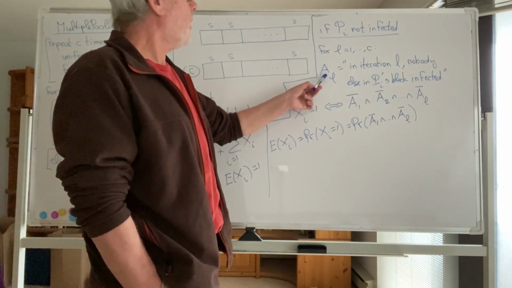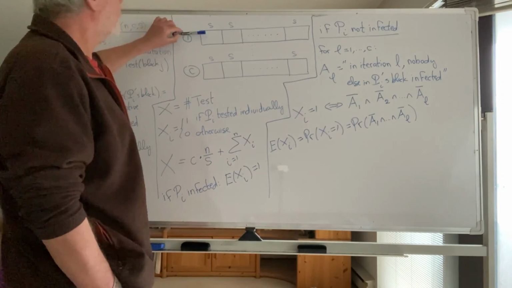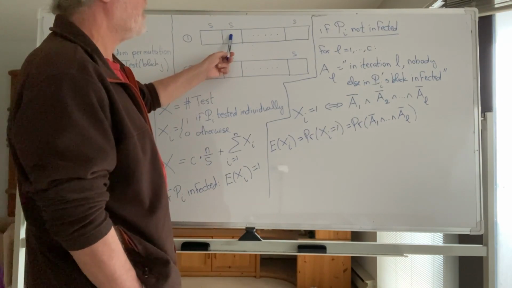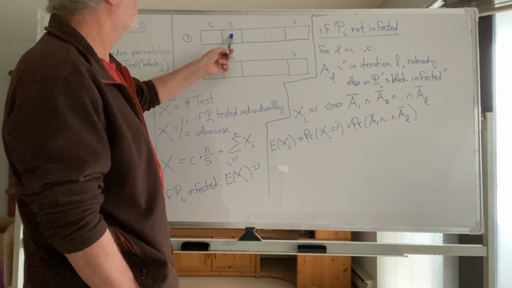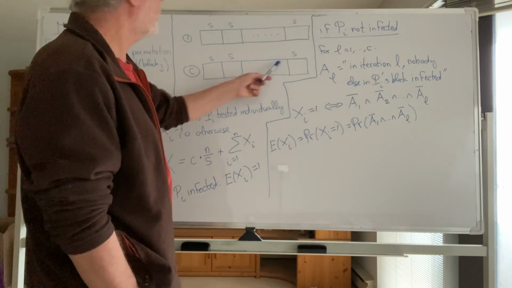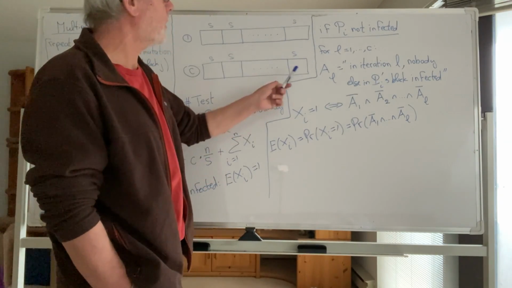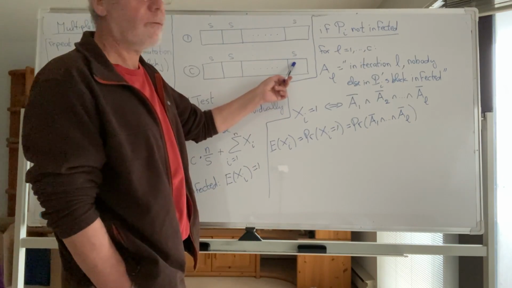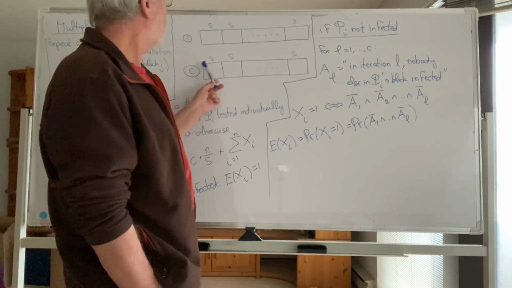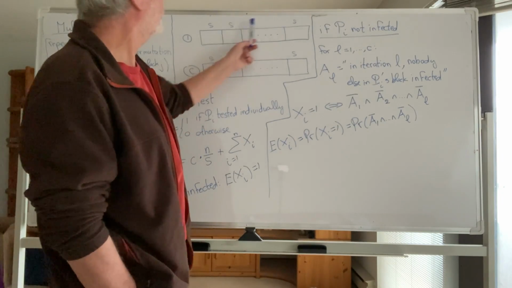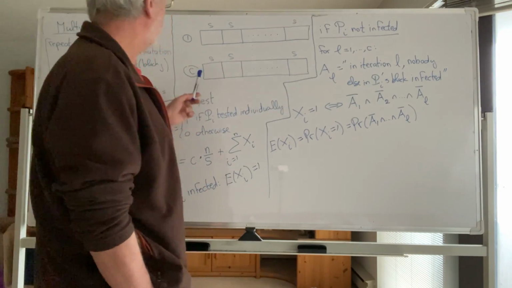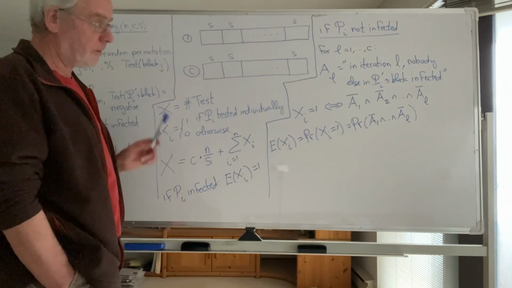Because if the event A1 holds, that means in iteration 1 you ask where is person Pi, maybe Pi is there. A1 says nobody else has been infected. And if we look at event A sub C, we look at the final permutation, we ask where is person i, maybe person i is there. Event A sub C says nobody else in this block has been infected. And since this permutation does not depend on this one, that means the event A1 does not have any effect on the event AC.